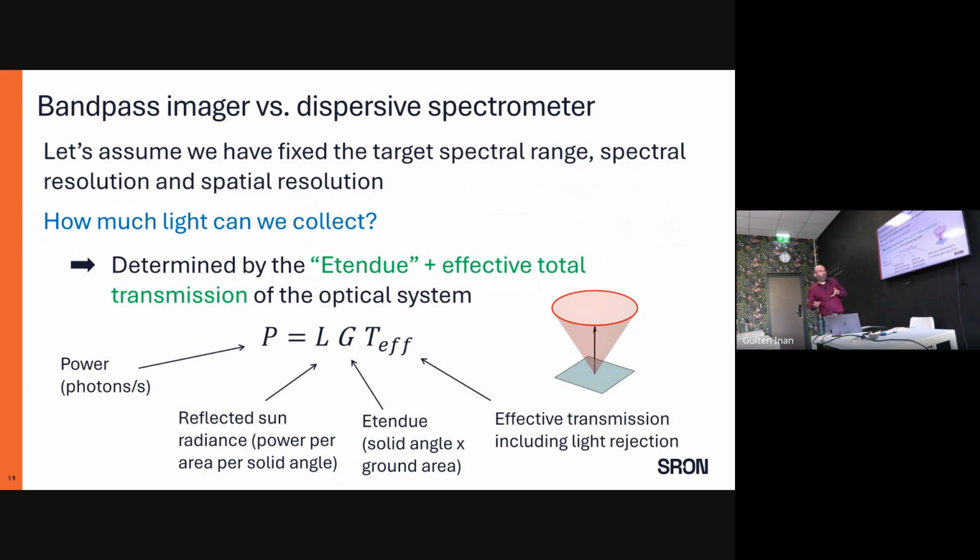And so what we are asking ourselves with the étendue is how much I can collect from this cone. This is determined by how big the aperture of your system is, and what is the size of the area. So I want to get a big area, and I want to get a big cone, which means big aperture. But also, I don't want to throw a lot of light away like you do in the bandpass imager.